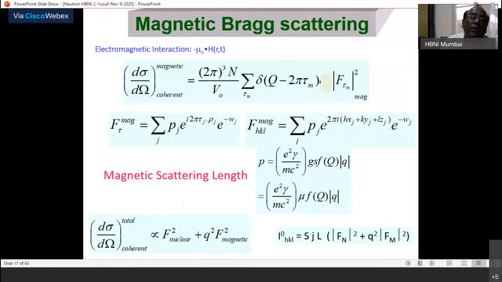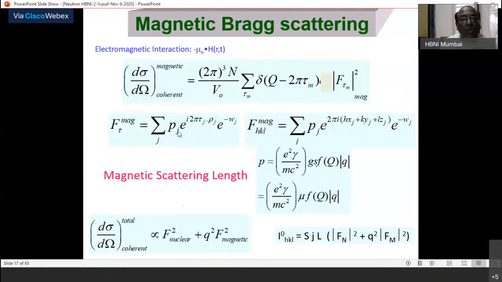So an additional symmetry, a lower symmetry, is involved. That is why this tau need not always be the same, it can be very different from the corresponding nuclear part. Otherwise, this expression for the magnetic structure factor goes more or less the same way, except this b you replace by p, the magnetic scattering length.